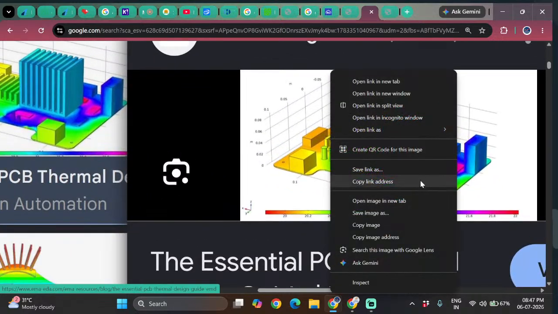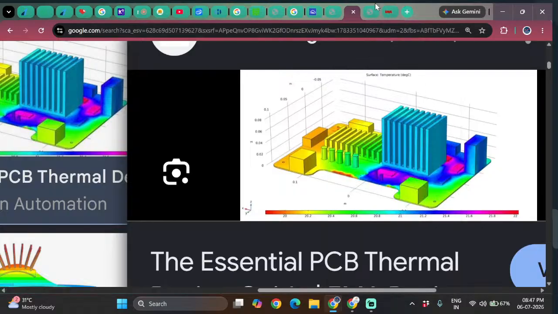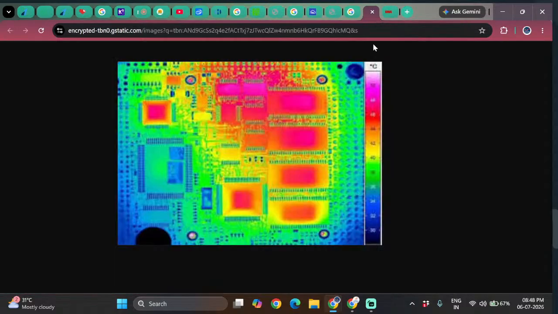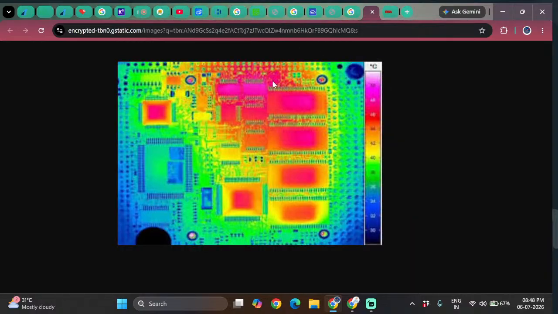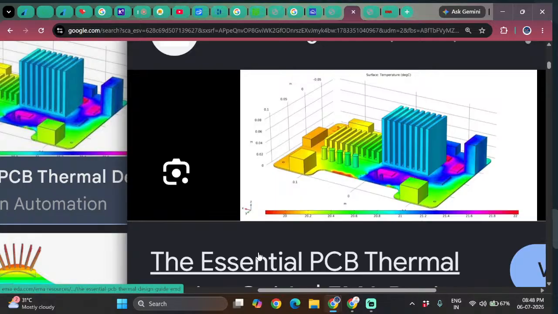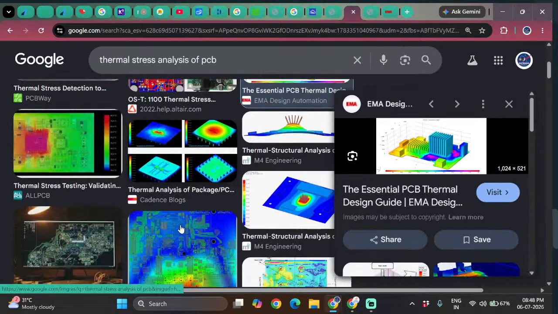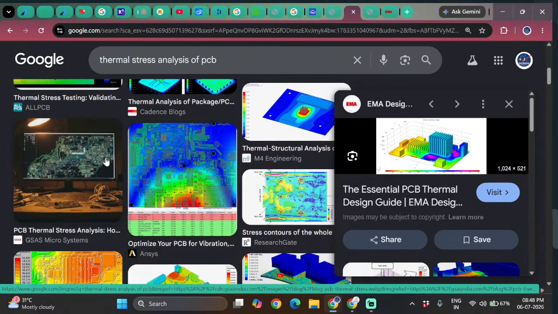Now from this image, you can easily understand that wherever heat sinks are used, those regions appear a little bit bluish, not red. Why? Because heat sinks absorb the heat, so that's why it is showing like that. So from this we need to understand that heat sinks are essential. It's not something that can be avoided.